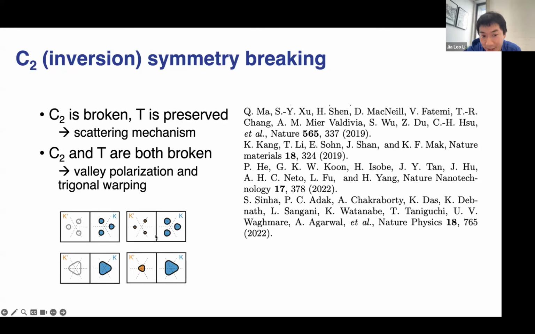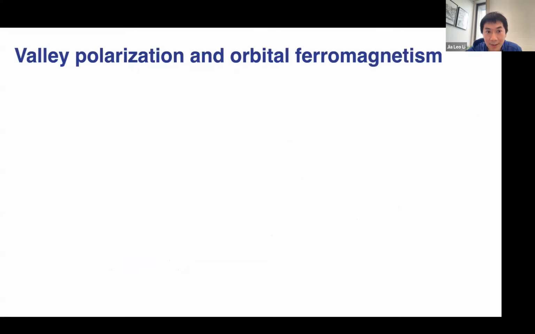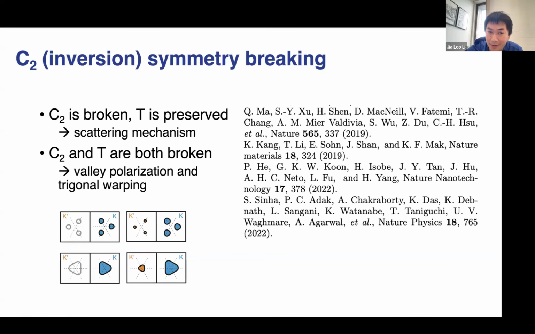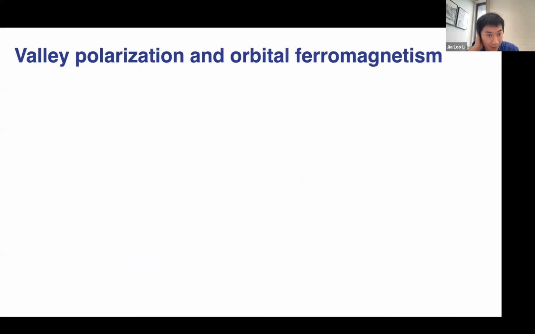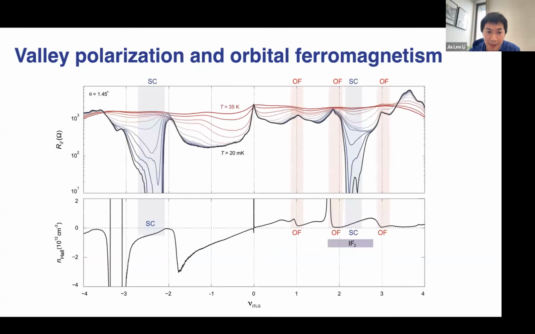But at the same time, you could have just a slight imbalance, meaning the charge carriers in one valley are slightly more than in the other valley, right? That also satisfies the symmetry constraint. While valley polarization itself is difficult to probe, in some of these materials we have orbital ferromagnetism that essentially comes from valley polarization.